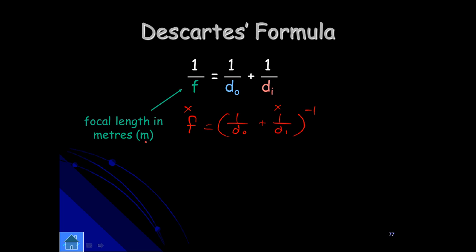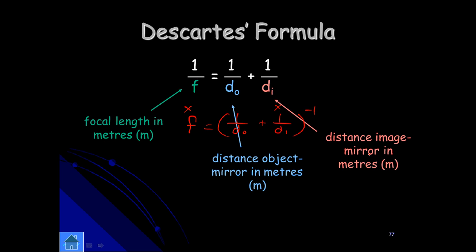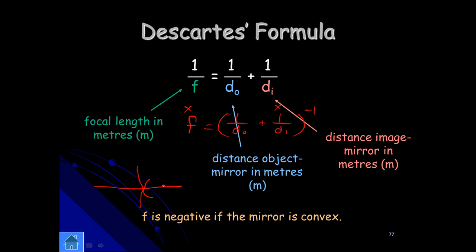Remember, this is the focal length, distance the object is, often in meters, and distance the image is from the mirror, again in meters. So this is how far it is to the image from the mirror. If you have a situation that is convex, the focal length is in here, so we create it as a negative.